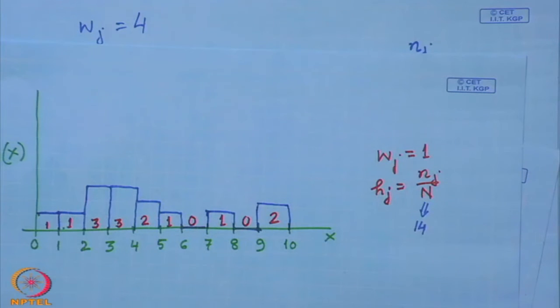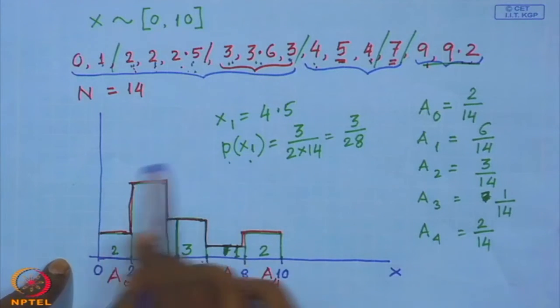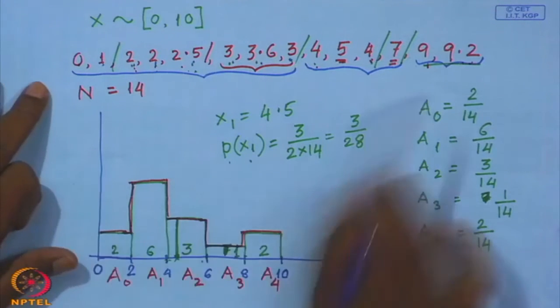So, you find that in all these different cases, the probability density estimate that I get is different. Then the question is: what should be the proper value of bin width, or the proper number of bins?